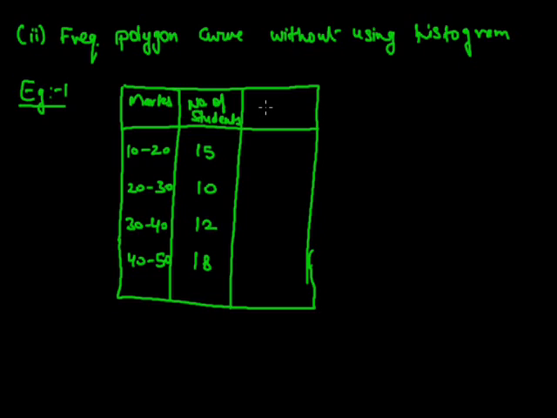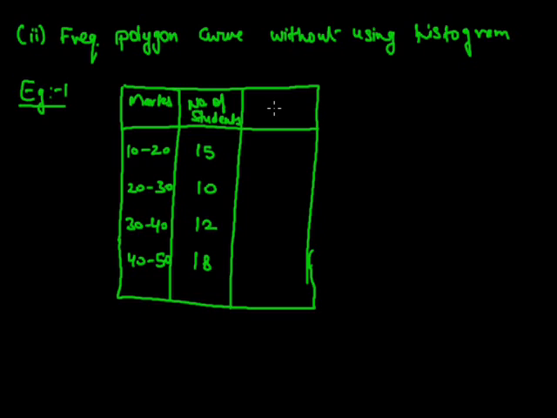As we are not using a histogram, as we have seen with a histogram, first we need to draw a histogram, and accordingly we take the midpoints of the histogram and join those midpoints to make the frequency polygon curve. But in this case we are not drawing a histogram, so we directly need to take the midpoints of the bars that we would have drawn using a histogram.